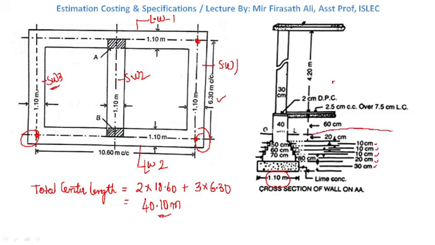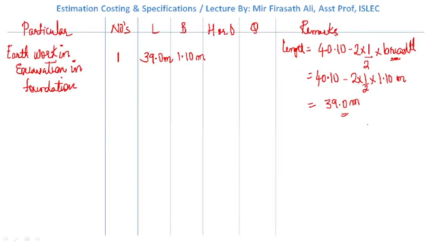This is the ground level. Till ground level, this will be the foundation depth. If we calculate 30 plus 20, 50, 60, 70, 80, and if we include this 20, it becomes 1. So, the height or depth is nothing but 1 meter.